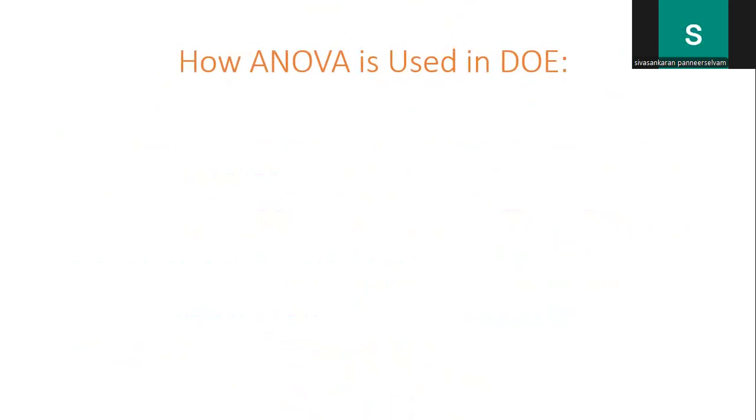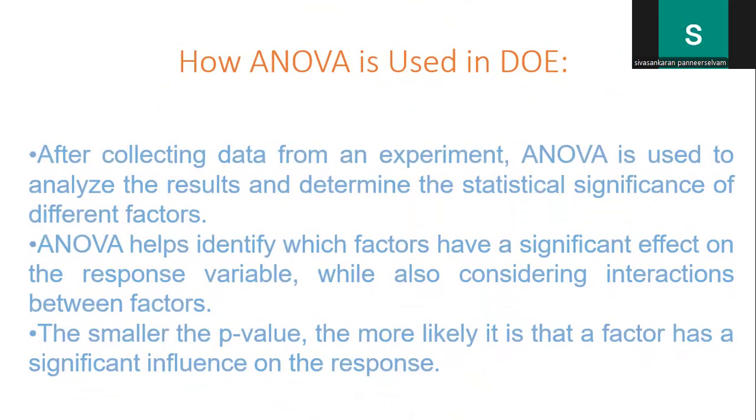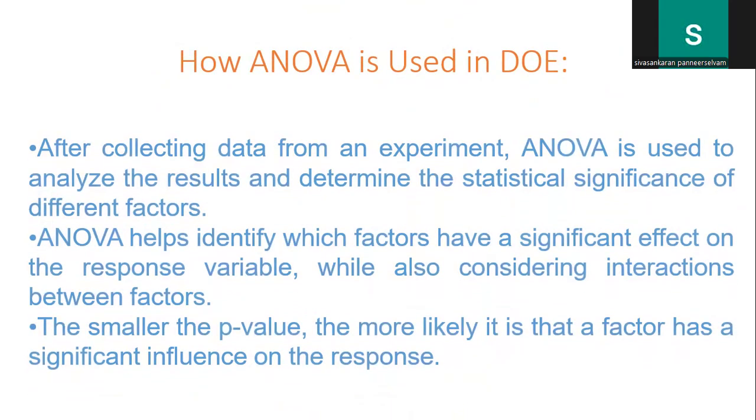How can ANOVA be used in design of experiments? After gathering the data from an experiment, ANOVA is used to analyze the results and determine the statistical significance of various factors. ANOVA helps to identify which factors have more significant effect on the response variable, while also considering the interaction between the factors, that is, group interaction between multiple factors.